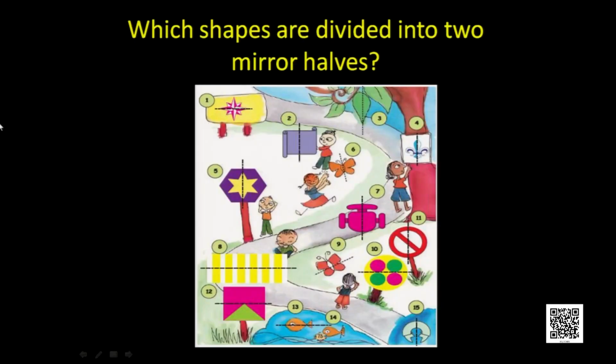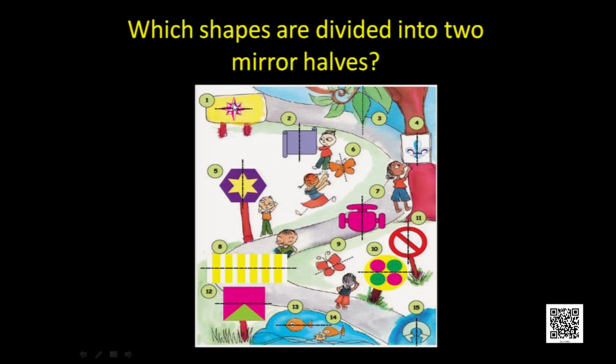Now, which shapes are divided into two mirror halves? Now you see picture 1. Here this is the star. Here you see the dotted line. The upper part, when I fold it along this line, and the bottom part, you see it will cover this part.